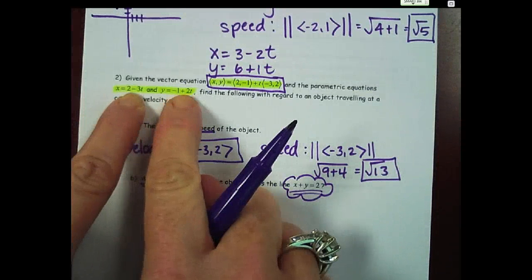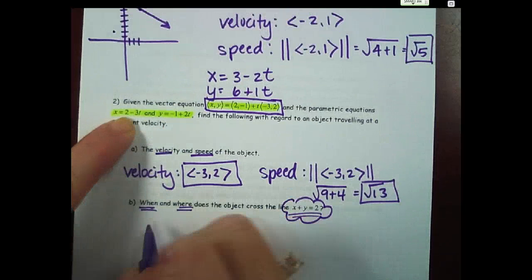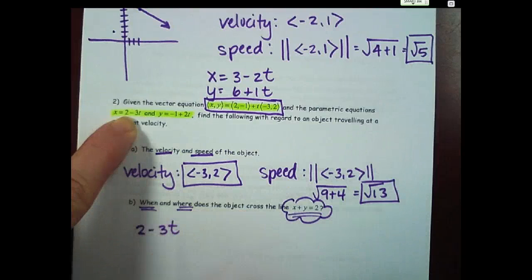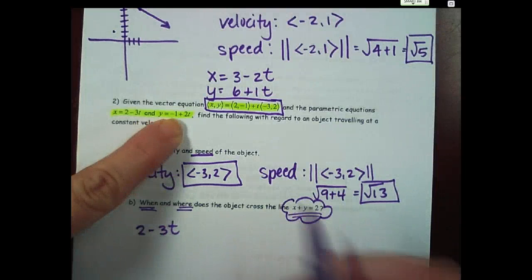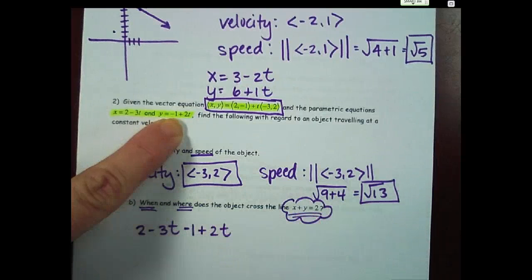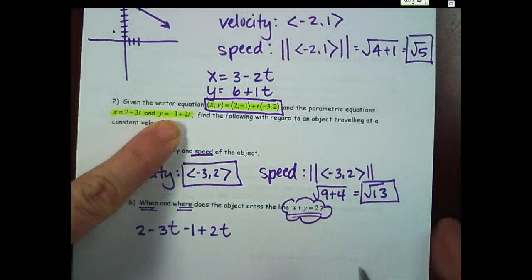You're going to write x in terms of time. So instead of x, I know x is done by taking 2 minus 3 jumps every time. That's the same as x. And then y is taken by doing -1 plus 2 times every time. And what does it equal? 2. Excellent.